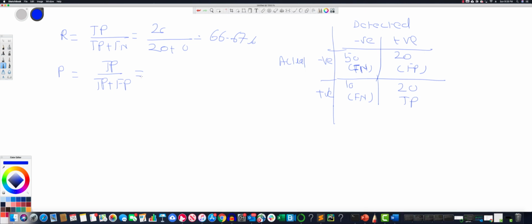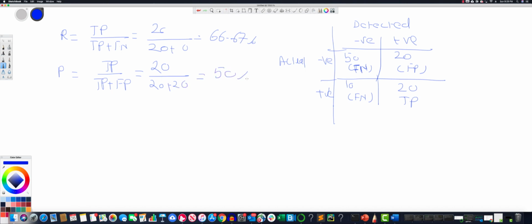So we have predicted 40 people in this particular case to be positive, but how many of them are truly positive? That is what precision indicates. In this case, if we compute, this happens to be 50%, right?